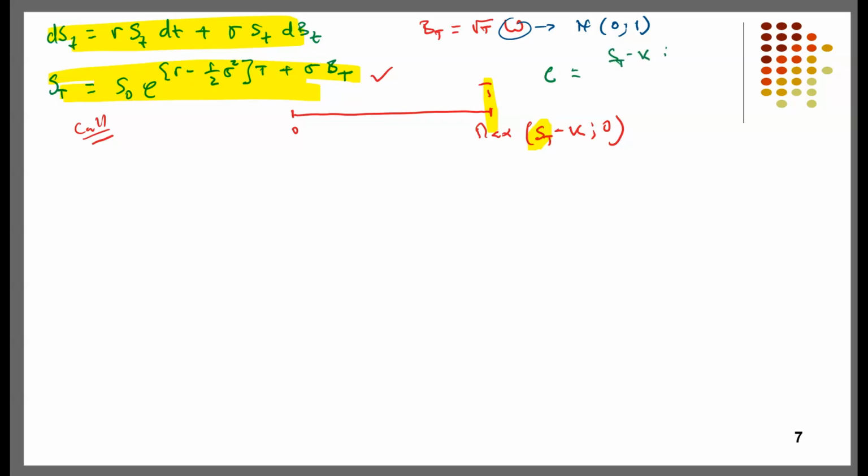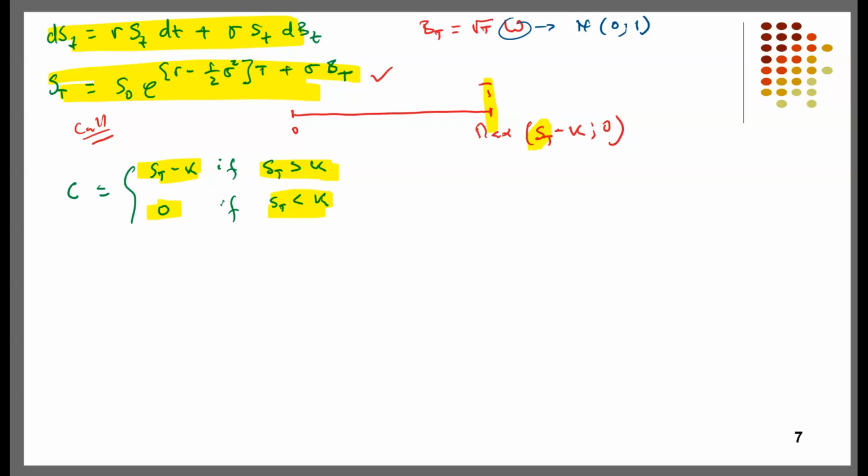So the call is going to be equal to ST minus K if ST is greater than K. That's what we know. Or it's going to be equal to 0 if ST is less than K. Right? So if the option is in the money, the payoff is the difference between the stock and the strike price. If the option is out of the money, the payoff is equal to 0. That's what we know.